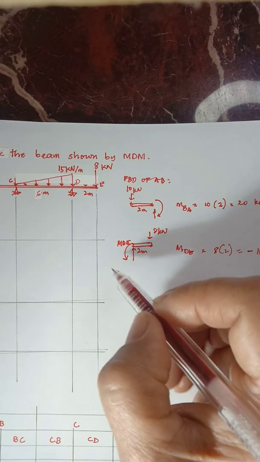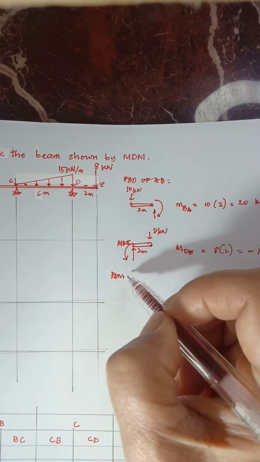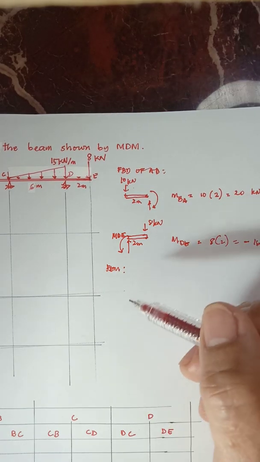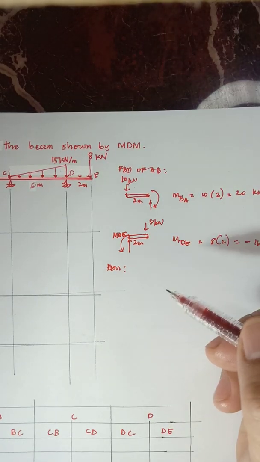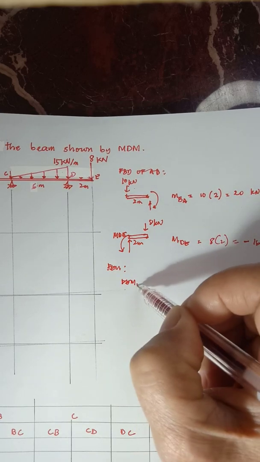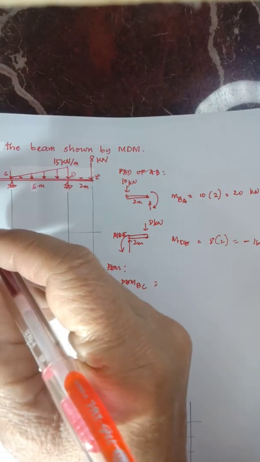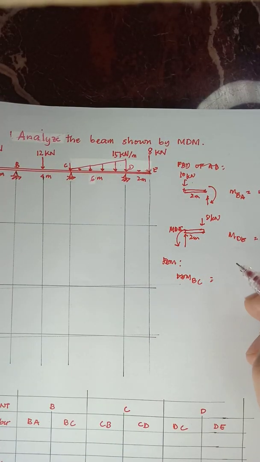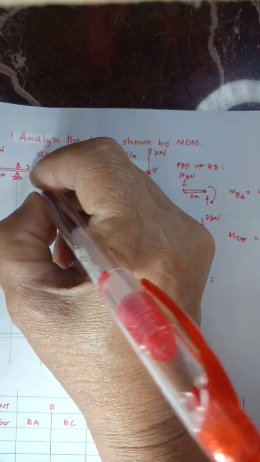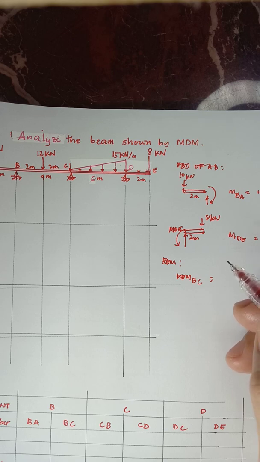Okay, so we solve for the fixed end moments of each span, from one support to another support. So we have FEM BC. For FEM BC, you have a concentrated load acting at the midspan. This is 2 meters and 2 meters, the total length is 4 meters.